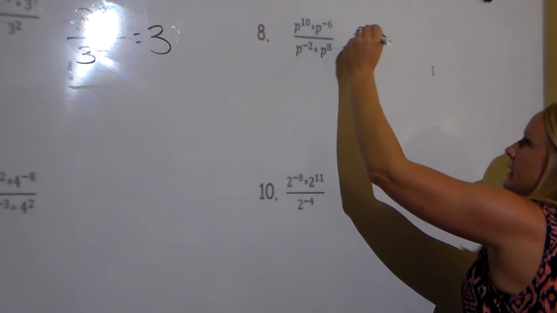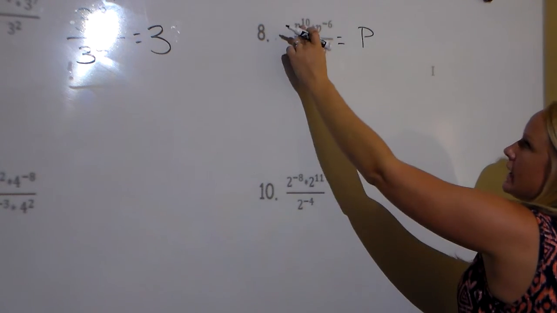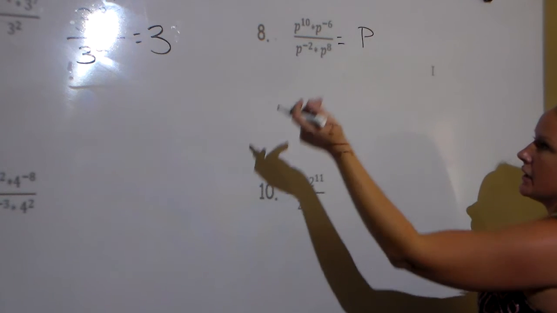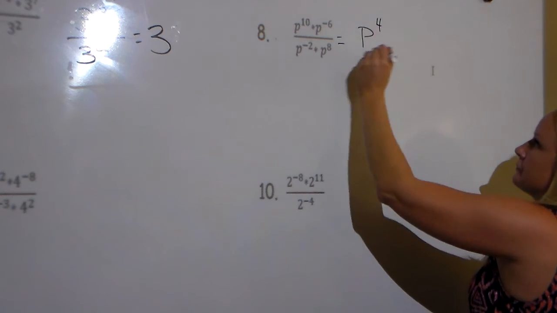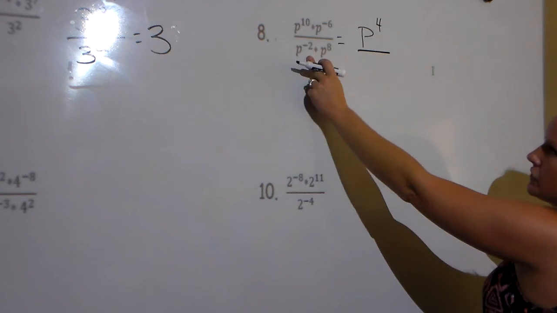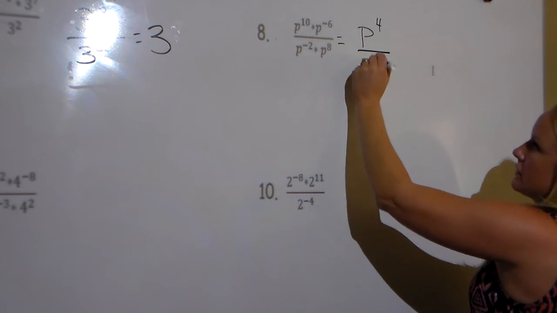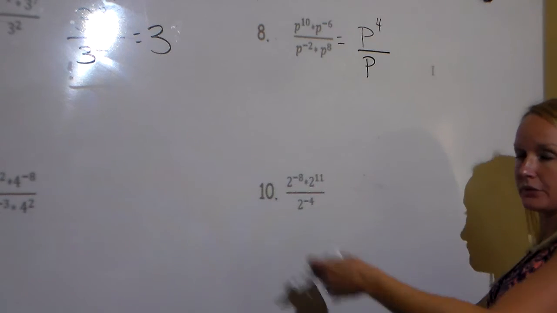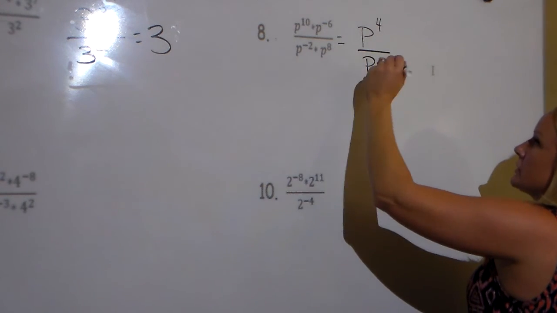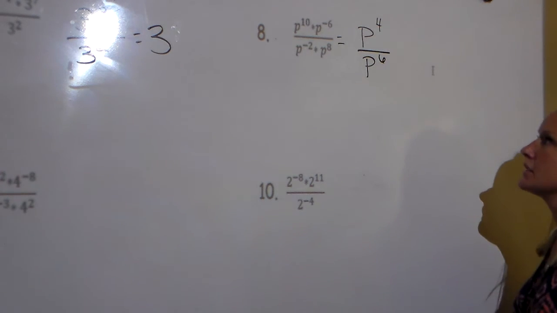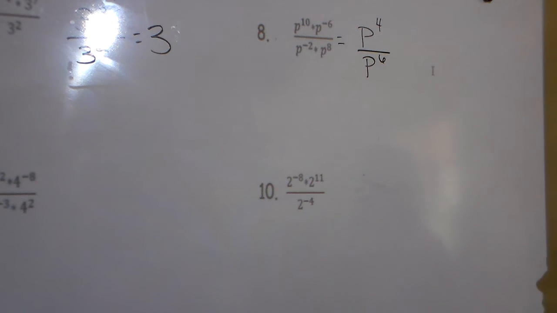Same base, p, 10 plus a negative 6, adding a negative is the same as subtraction, and I know that 10 minus 6 is 4. Negative 2 plus 8, you can even flip it around if you want to say 8 plus negative 2, adding a negative is the same as subtraction. So now I have p to the 4th divided by p to the 6th.